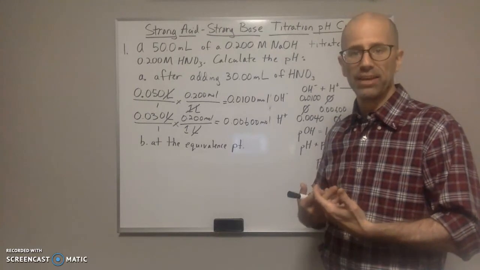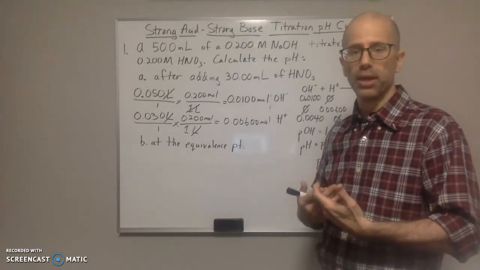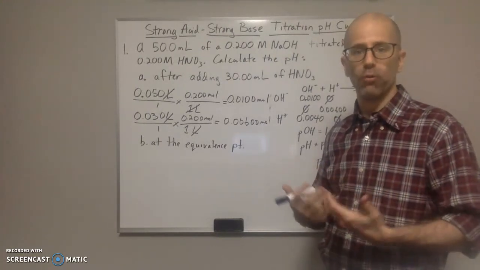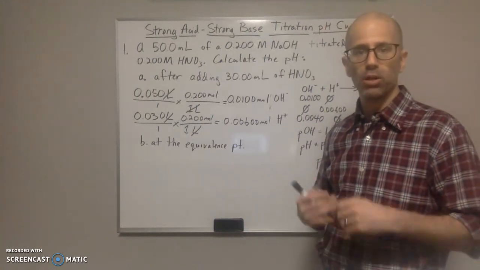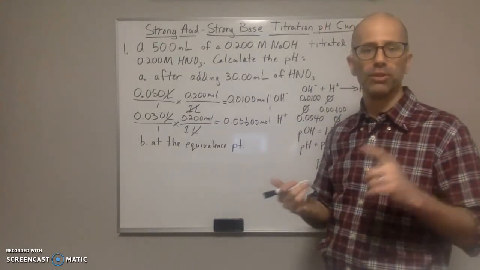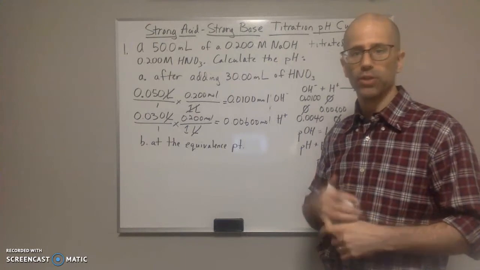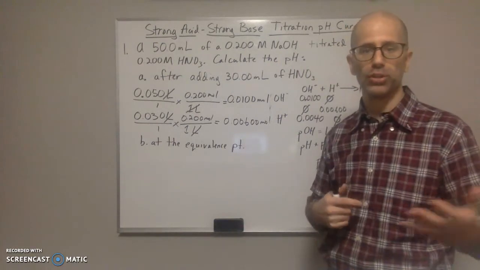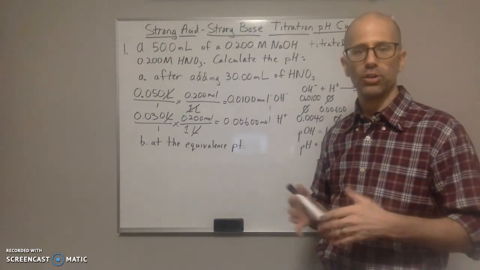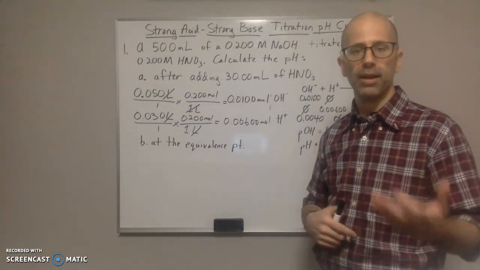So in that case, because it's a strong acid, strong base, the only thing that's left over is a salt. All of the H plus is gone, all of the OH minus is gone. There's no extra H plus, there's no extra OH minus. So all you have is water and salt.